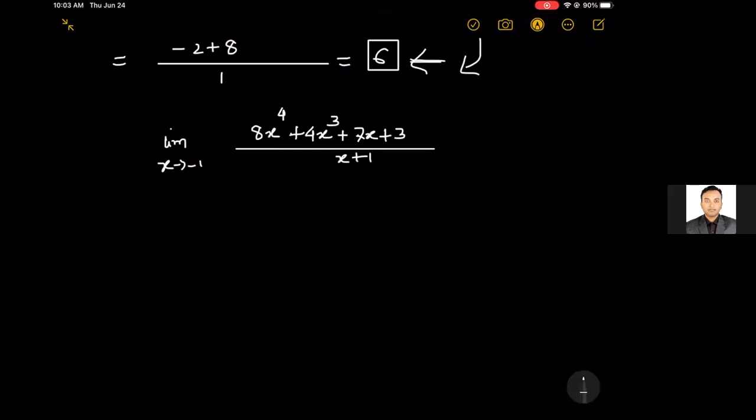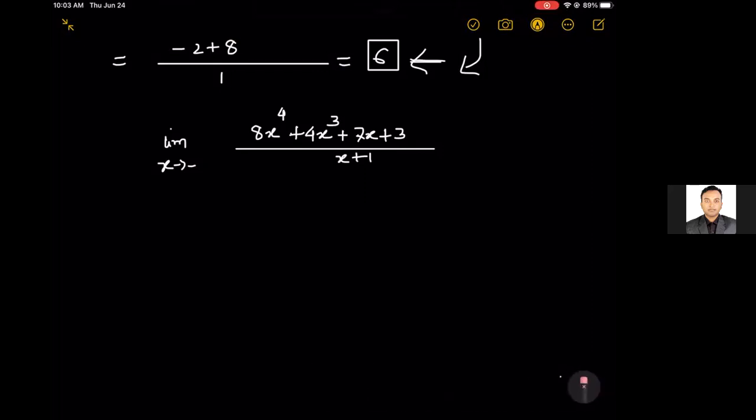Now, what's the first thing we need to do? What's the first thing you need to do when you are trying to find a limit like this?